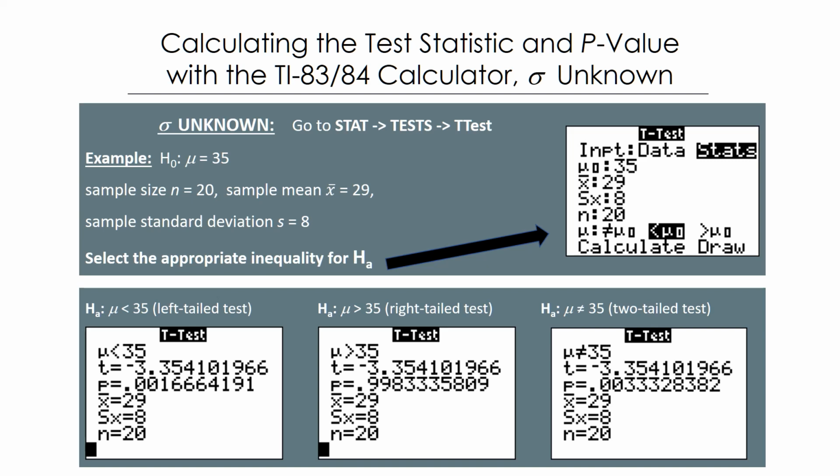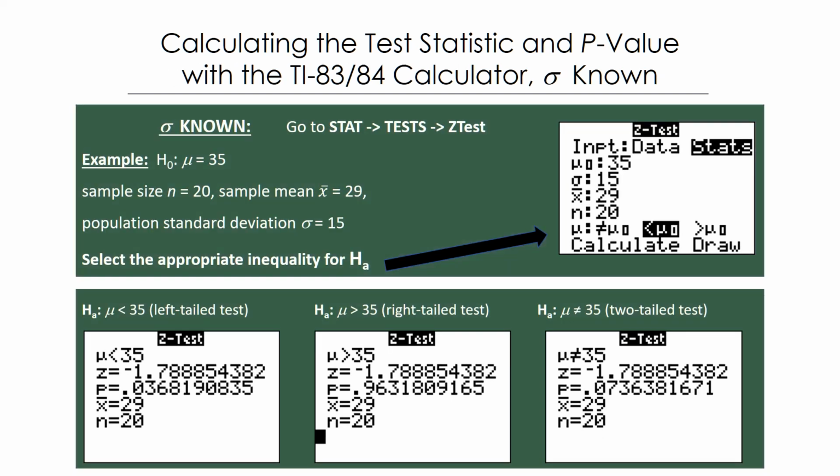In the right-tailed test case, when HA is mu is greater than 35, we get a p-value of 0.9983. And in the two-tailed test, when HA is mu is not equal to 35, we get a p-value of 0.0033. All of them, of course, have the same test statistic of negative 3.35.